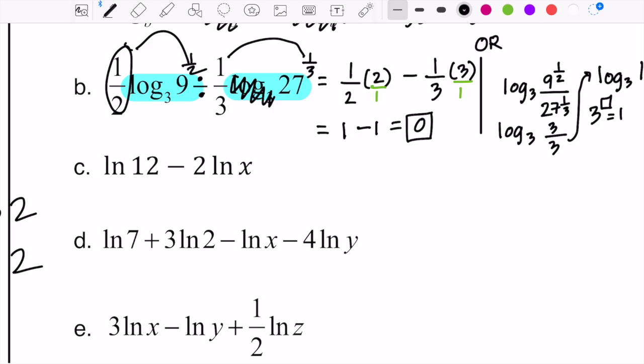Okay, this one we have natural log of 12 divided by x squared because this is divided. 2 goes up, only write the natural log once.